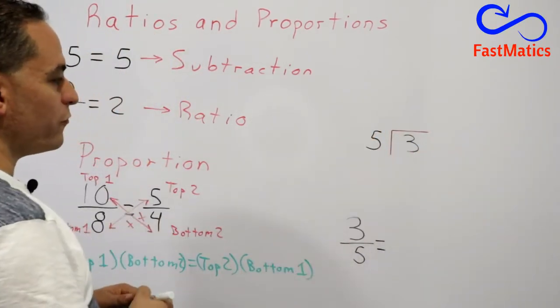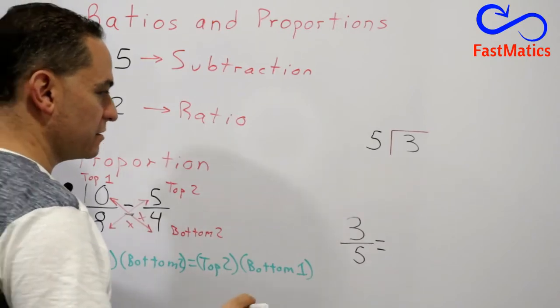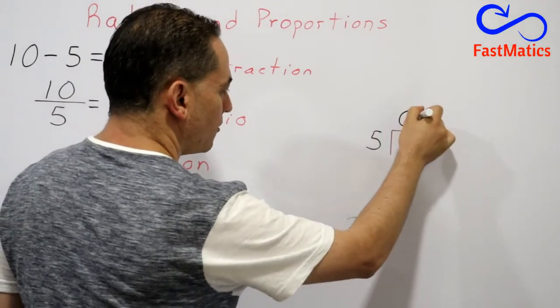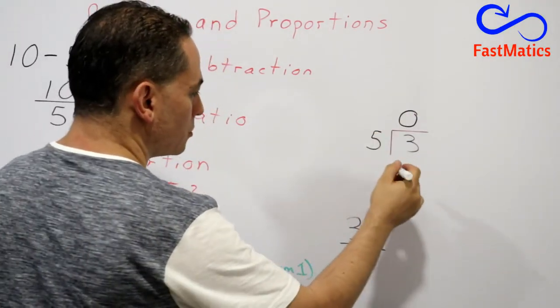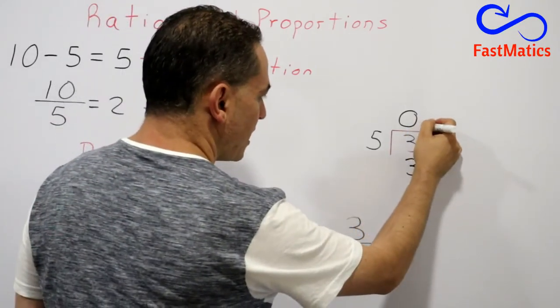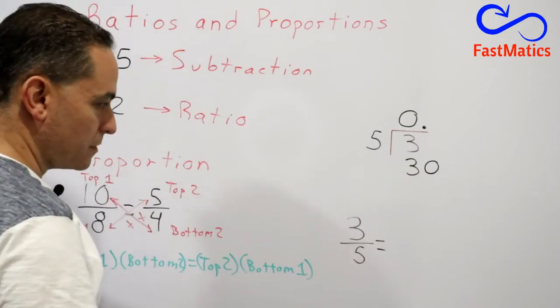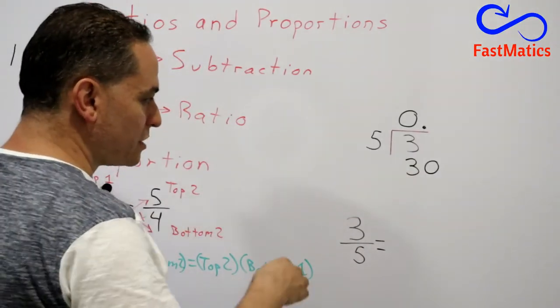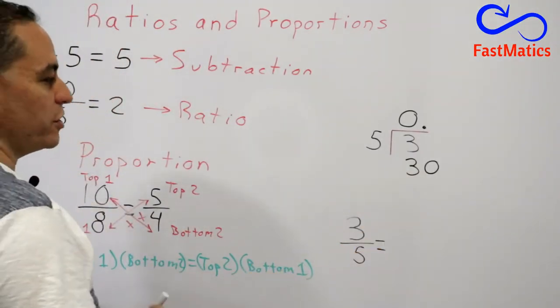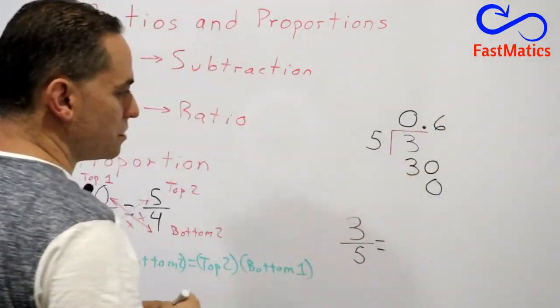5 times what numbers give us 3 or less than 3? 5 times 0, 0. To get to 3, 3. Now we add a decimal point and we continue our division. 5 times what number give us 30? 5 times 6, 30. To get to 30, 0.